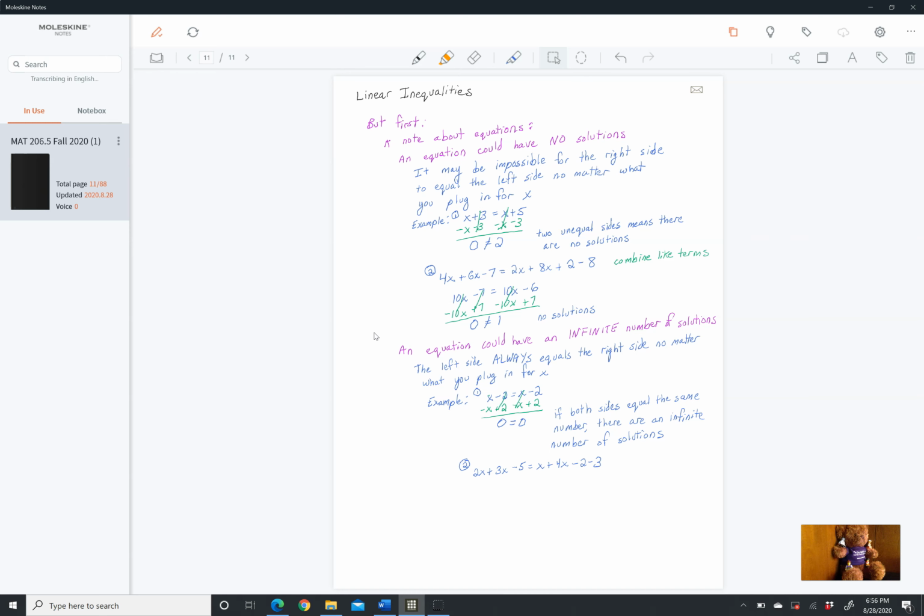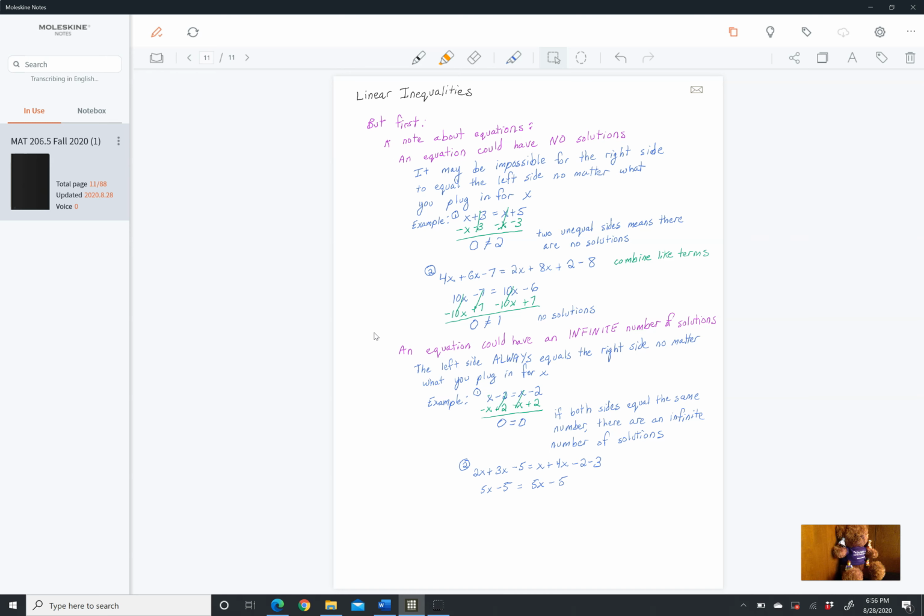Okay, you can see here that if we combine like terms on the left, we get 5x minus 5, and we actually get the same exact thing on the right. We get 5x minus 5 again. x plus 4x is 5x, and negative 2 minus 3 is negative 5.